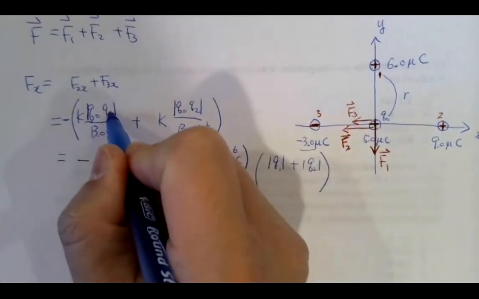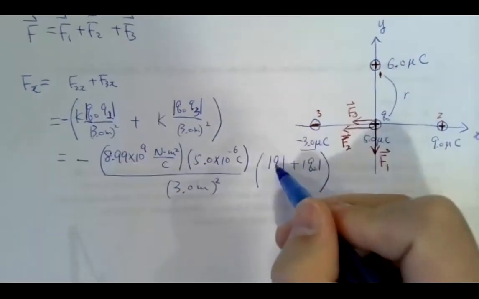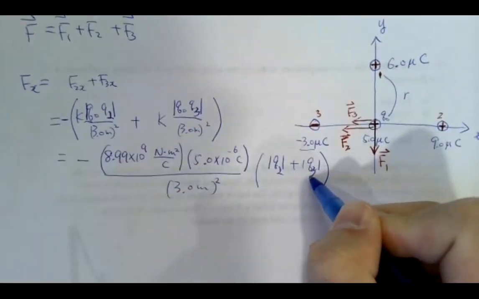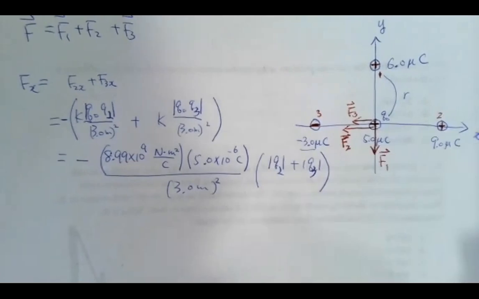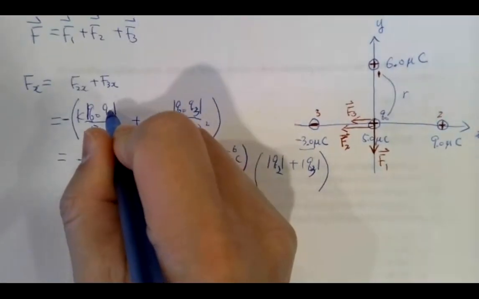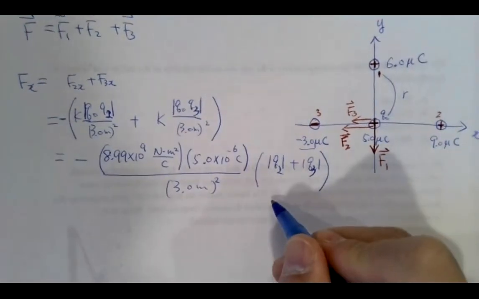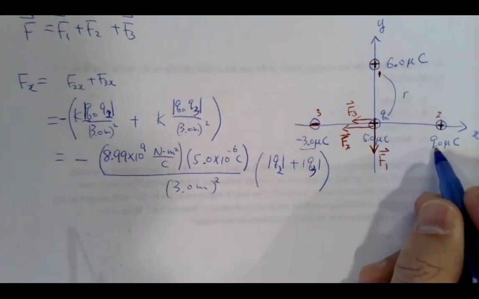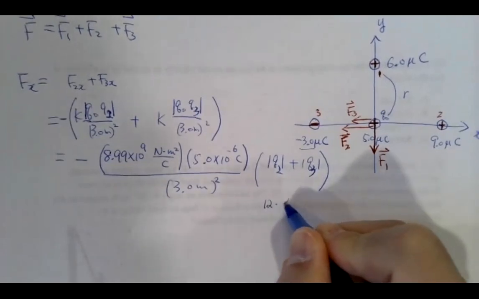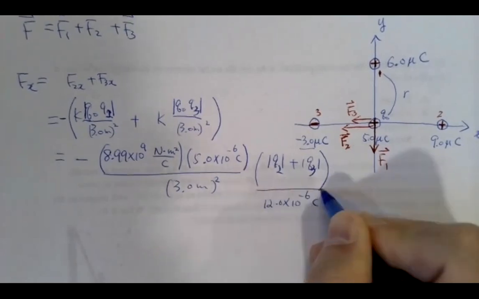This should be Q2 here, and this should be Q3. So Q2 here, Q3 there. So these two add up to 3 plus 9, so 12 times 10 to the minus 6 coulombs on this.